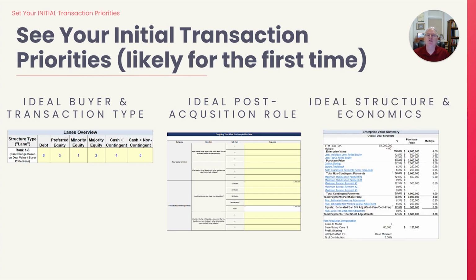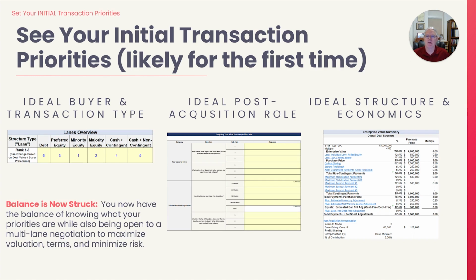And you will have structured out a sample deal with realistic economics so that you can now start to see your deal over time. Put it all together and you'll have a balance for the first time being struck between knowing what your priorities are and then now also balancing that with being open to the multi-lane negotiations to maximize your valuation, your terms, and your risks.